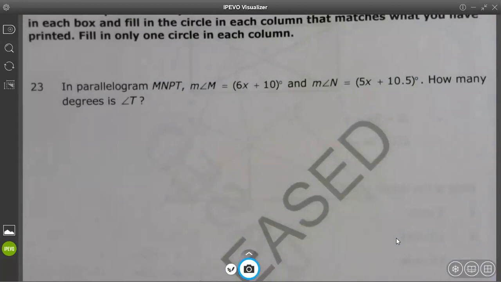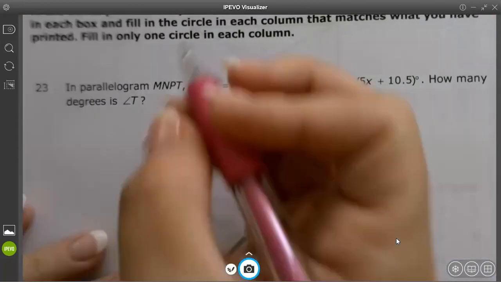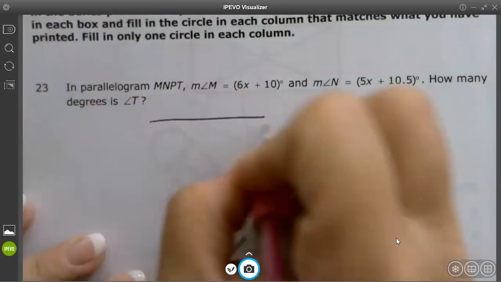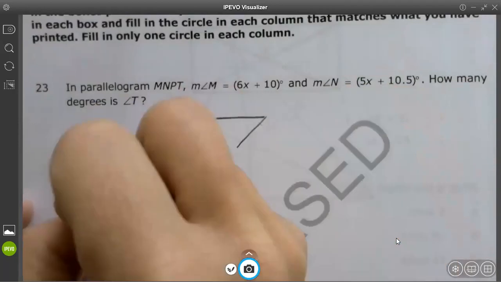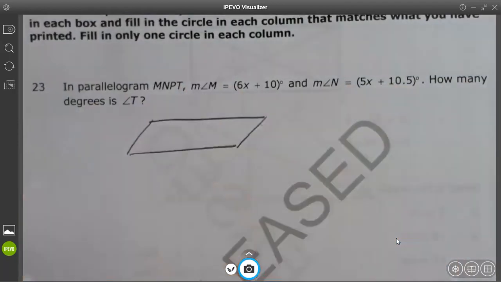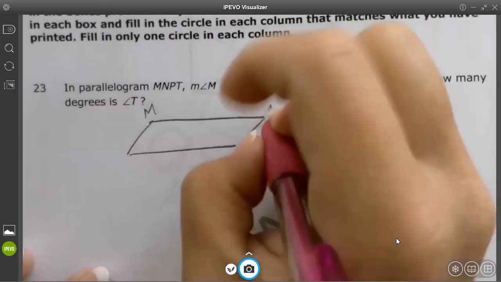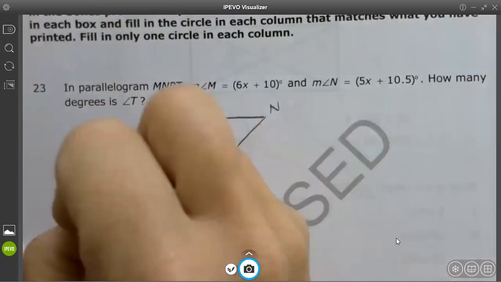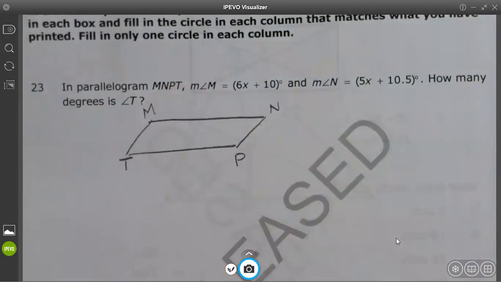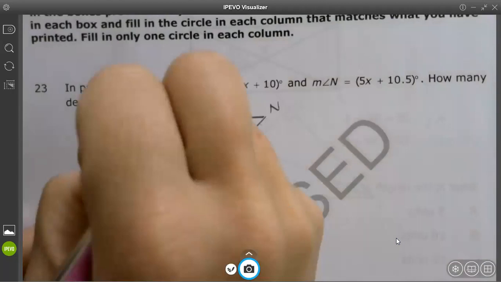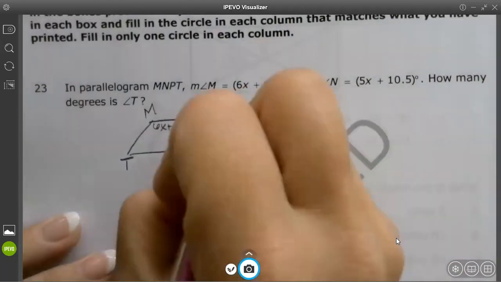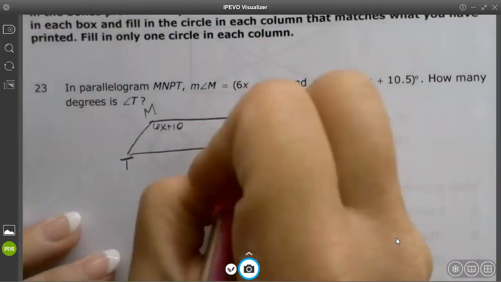A parallelogram is a pushed over rectangle. It can be a rectangle. It doesn't matter. When you label it, just go around in a circle. MNPT. It says angle M is 6x plus 10, and angle N is 5x plus 10.5.